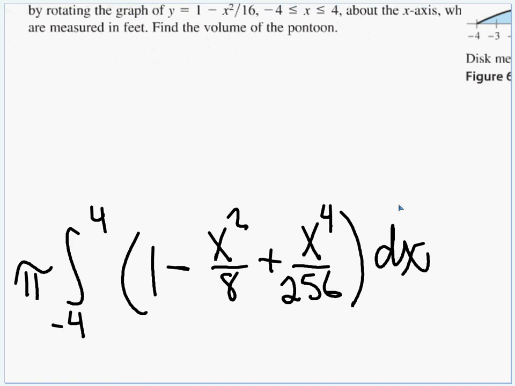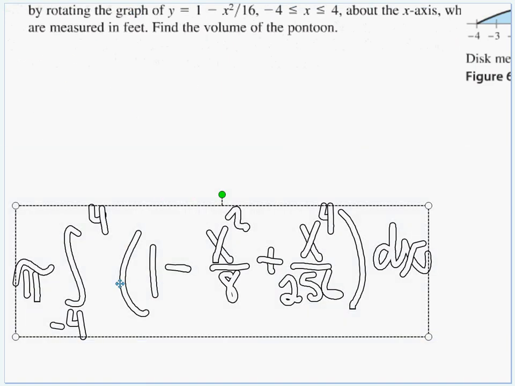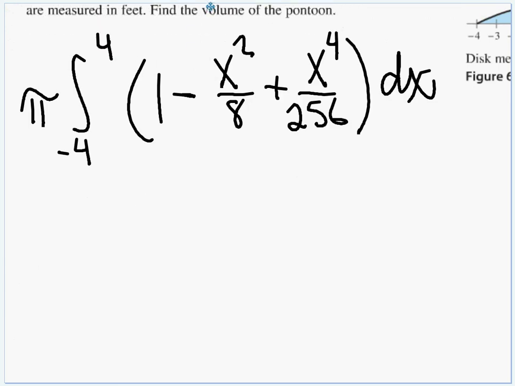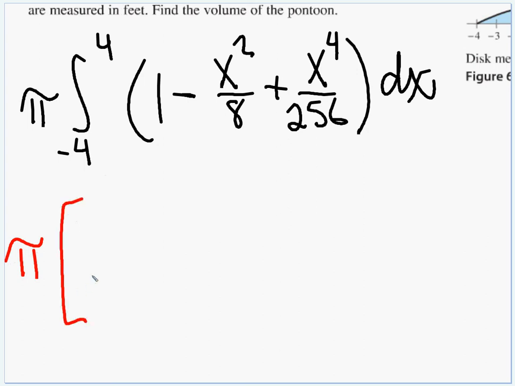Okay, time to actually antiderive now, and then we will evaluate. So we still got our pi here. And now we antiderive with respect to x. 1 will antiderive to a 1x. And then here, we're going to raise our power by 1, so now we're up to x cubed. And we're going to divide by the new power, so there'll be a 3 down there with the 8.